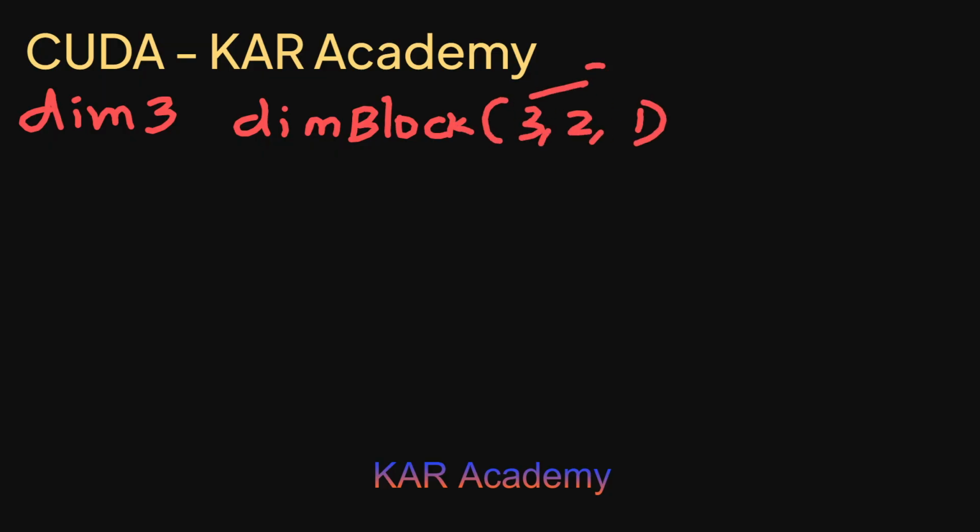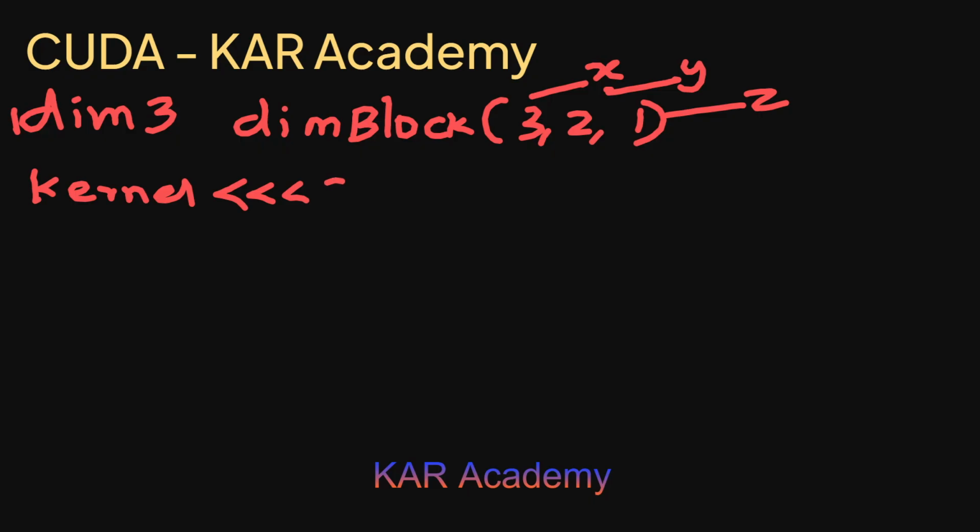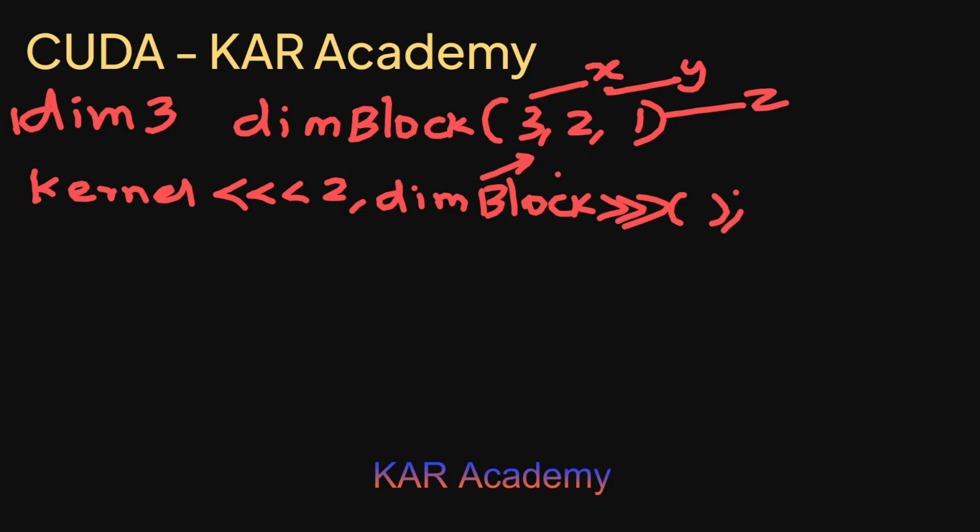So this is x, this is y, and z is 1. Then we launch the kernel with 2 blocks, and each block having a total number of 6 threads, and these 6 threads are organized in a two-dimensional fashion. Let me draw this block diagram so that you can understand.